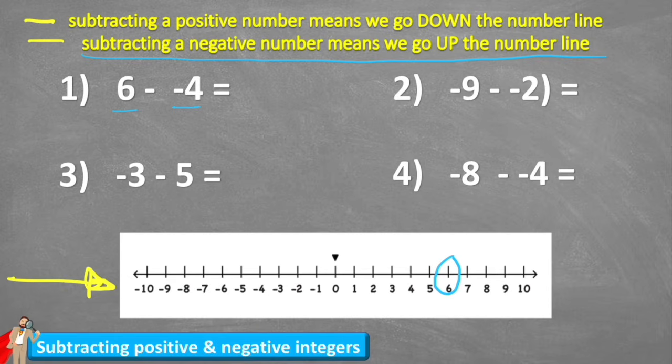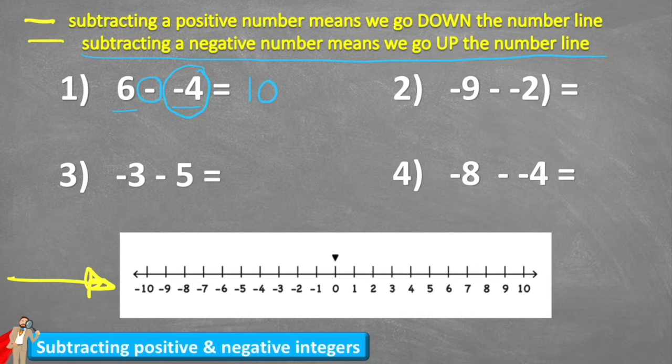We had 6 and we also had a negative 4, a debt of 4. But then fortunately, that debt was taken away by subtracting the negative 4. So therefore, I'm going to actually add 4 to my 6. So 1, 2, 3, 4, leaves me with 10. So 6 subtract a negative 4 equals 10.